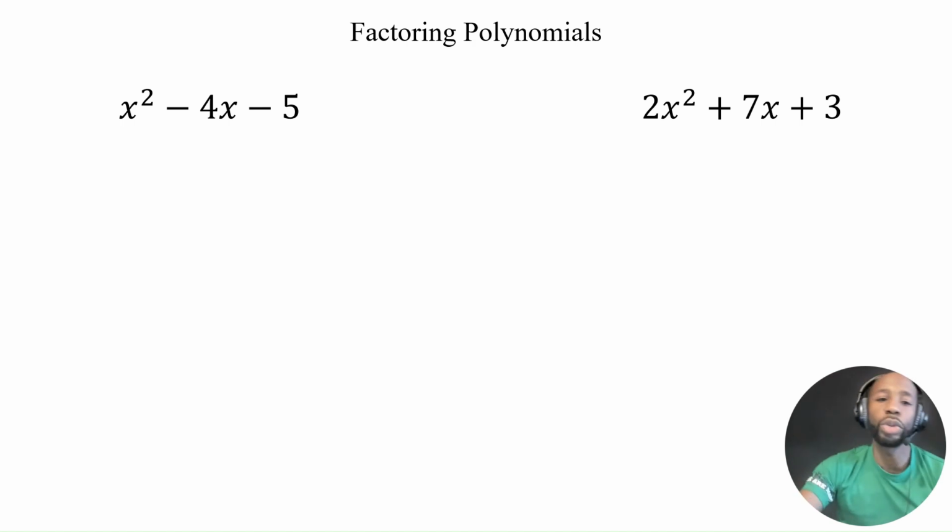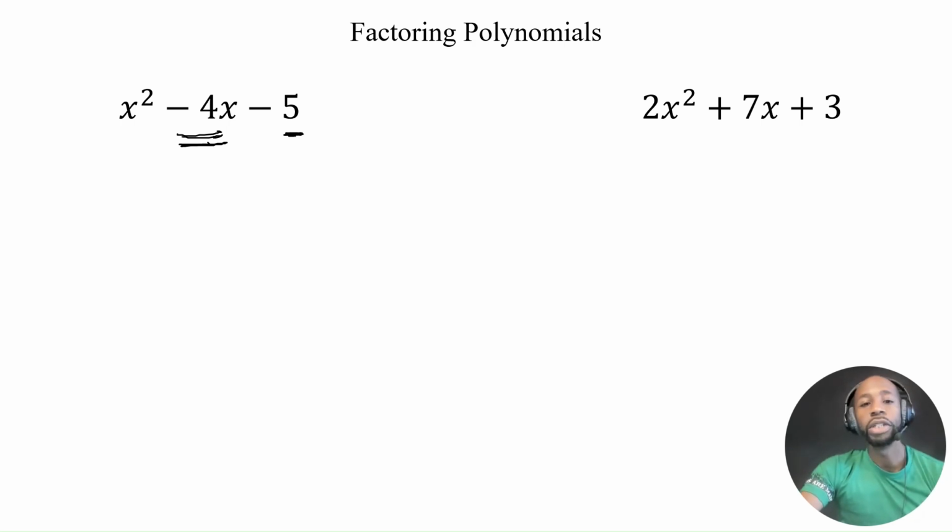Now, let's do this first one here. This is an easier one. This is how you want to go about it. First of all, you're going to want to look at this term right here, and then this coefficient from the middle term. The coefficient is the number in front of that middle x term.